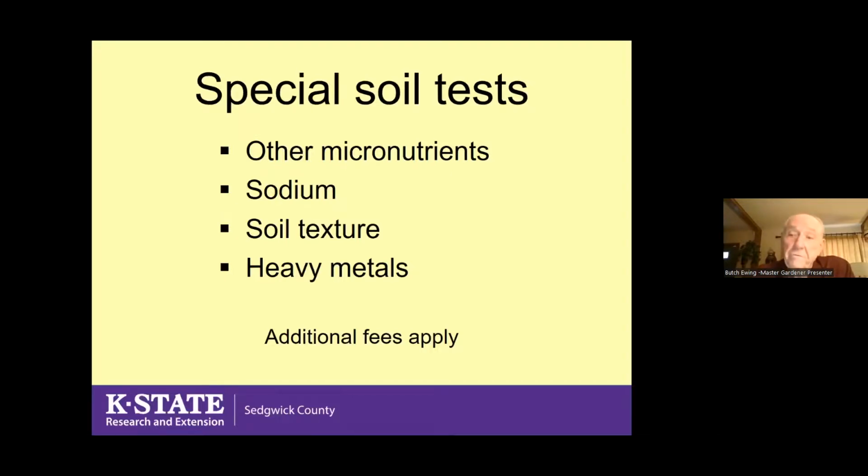There are special tests for sodium, for soil texture, and for heavy metals. And of course, each of these will have a little different fee schedule. And I think that fee schedule is also in the handout. Or if you have a question about it, when you bring the sample in, they can quote you cost for doing the sample.